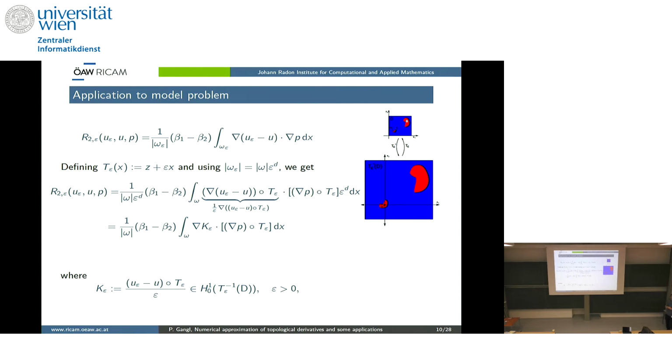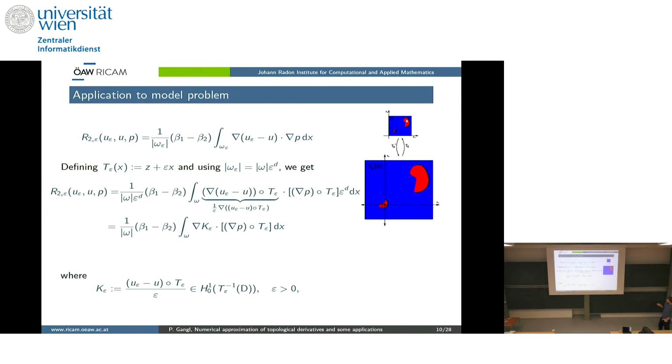So far we haven't done anything, we've just rewritten the same term. But why did we do this? We're interested in what happens when epsilon is going to 0, and for some reason this rescaled version is useful for our approach.